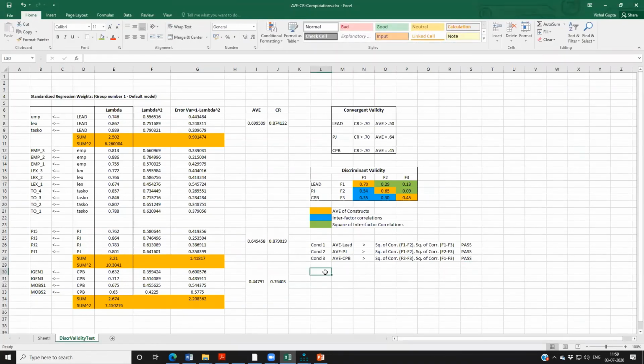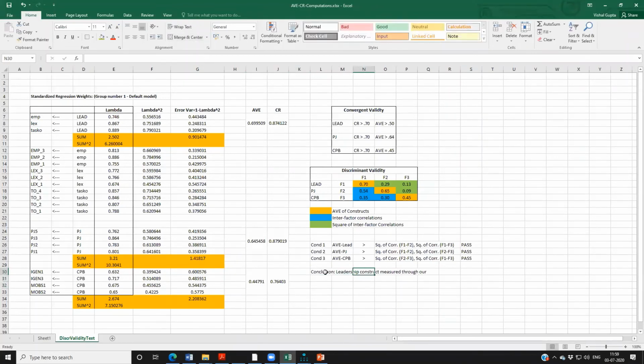And what do we conclude therefore? So the conclusion from this test is that the leadership construct measured through our scale, right?